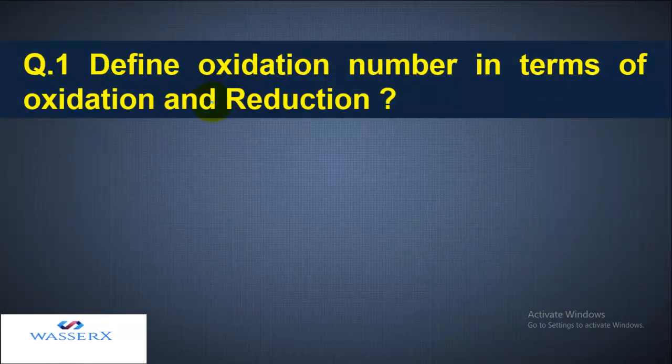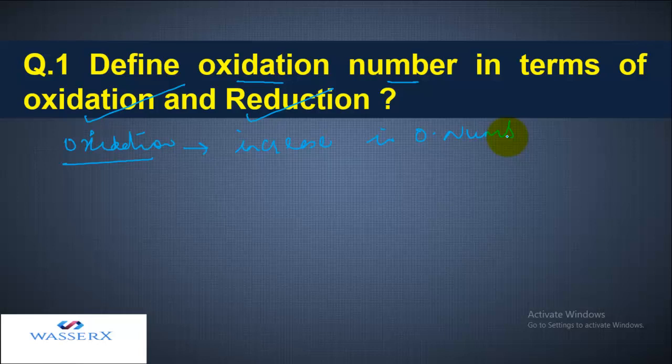The first question is that we need to define oxidation number in terms of oxidation and reduction. So what do we mean by oxidation in terms of oxidation number? An increase in oxidation number is called oxidation. For example, if Na loses its electron, it forms Na positive.